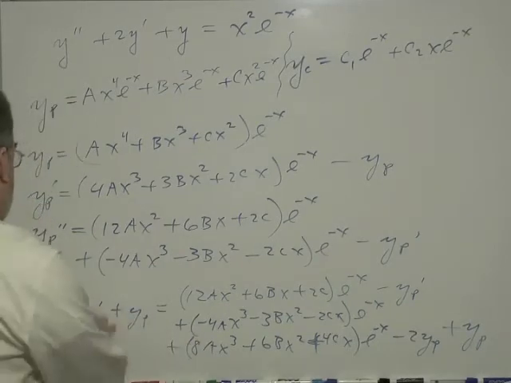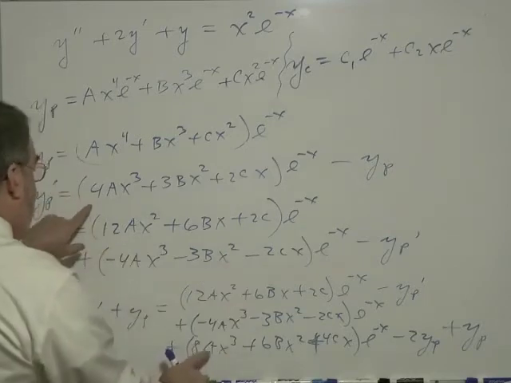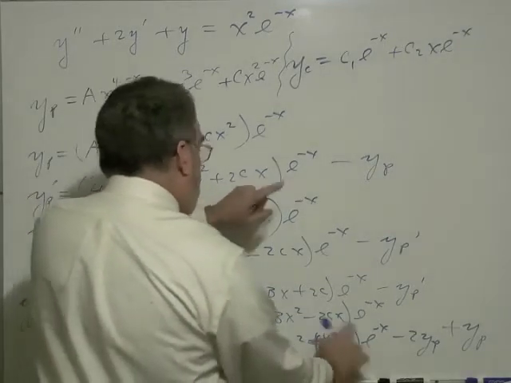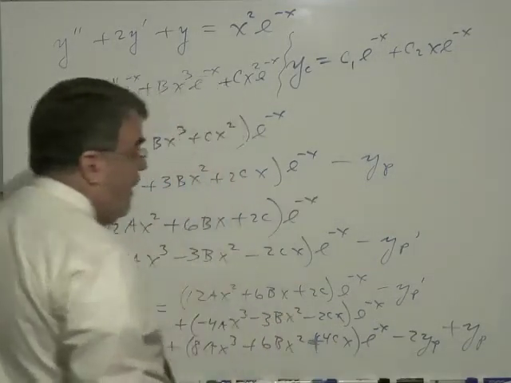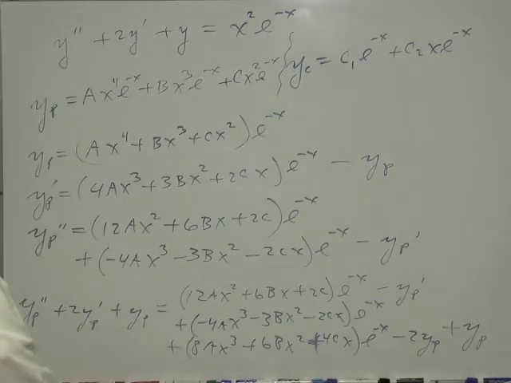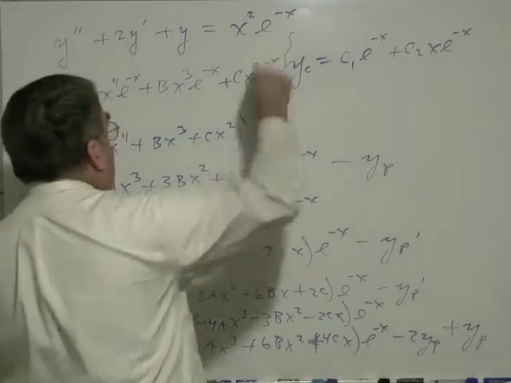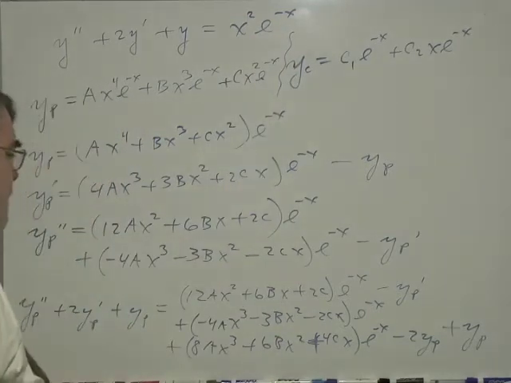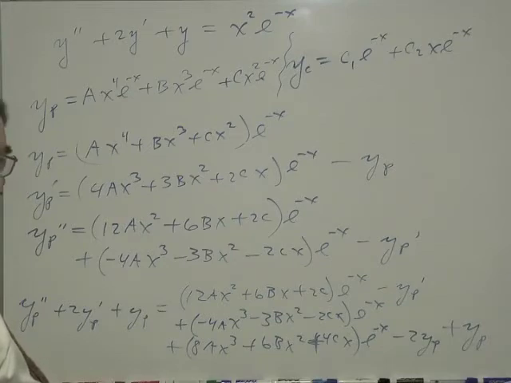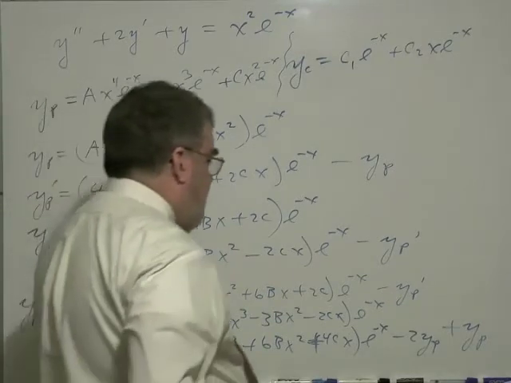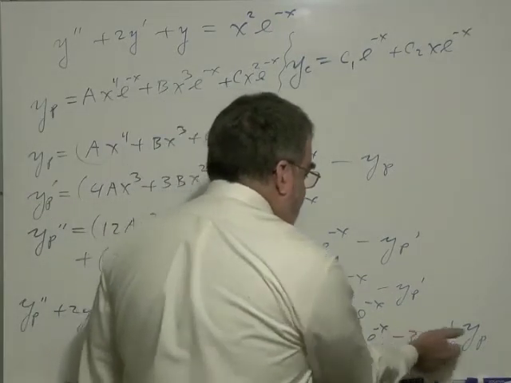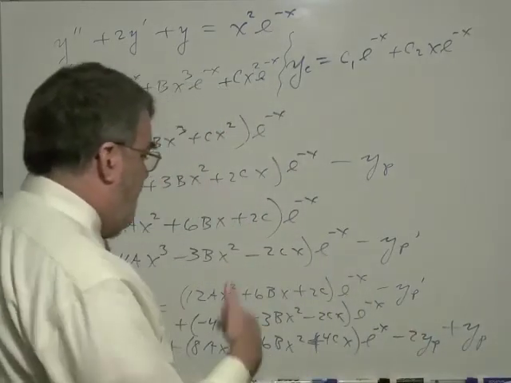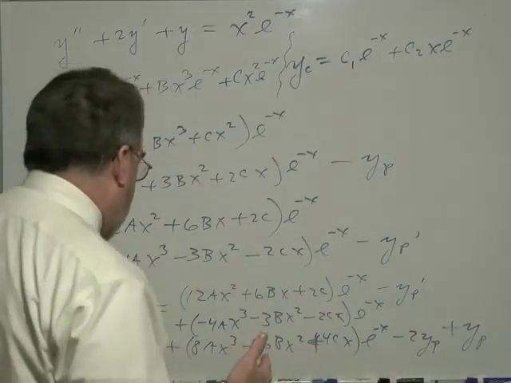Alright, so 2y particular prime was 8. Hope you don't mind me being a little extra careful here. Alright, and all this equals, I didn't write it out yet, x squared e to the minus x. We could do a little simplifying, I'm sure, with these two combined together to make a negative y particular.